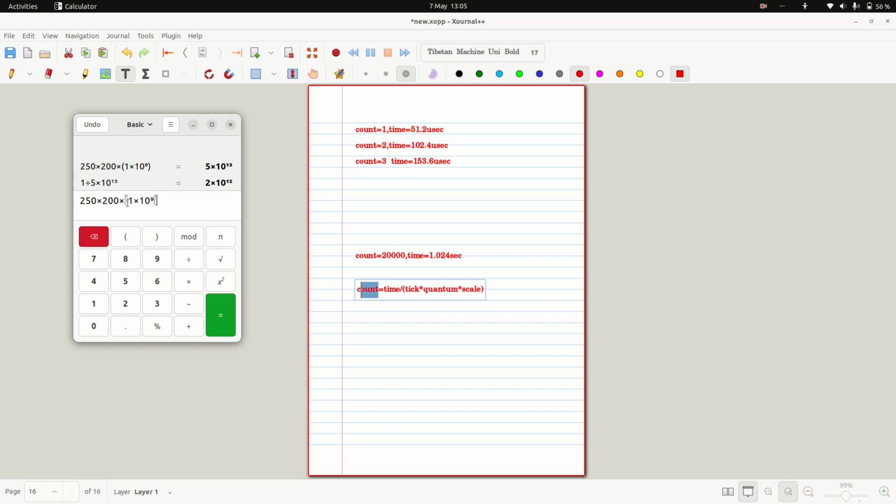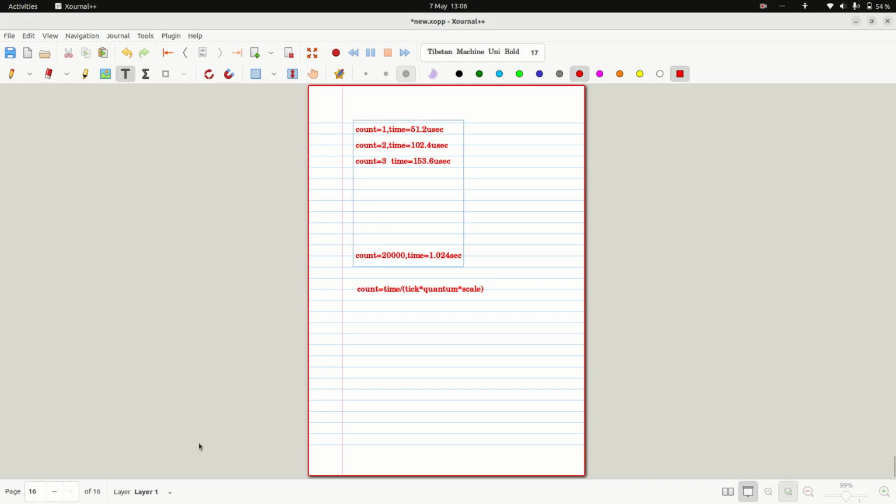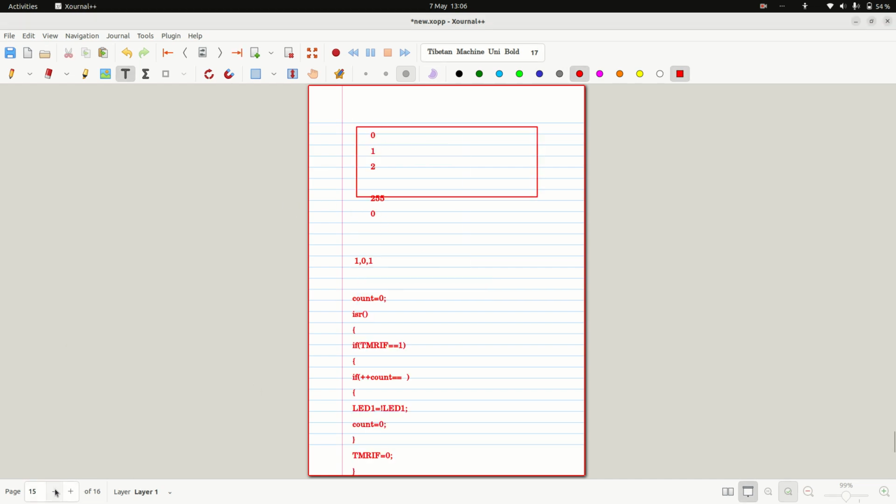So here 1 by, not 1 into, yeah, we got some value, right? So time by this value is nothing but how much? 20,000. So now tick equals to 250. So now we got the value.